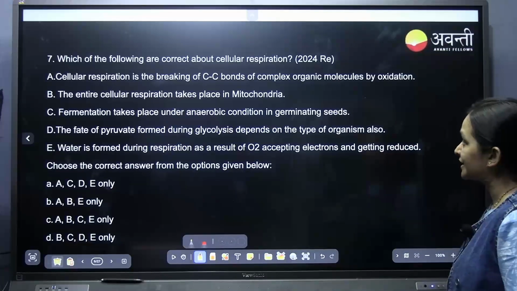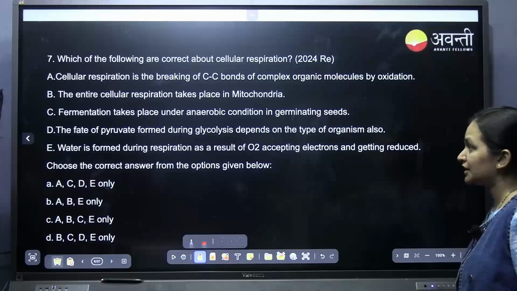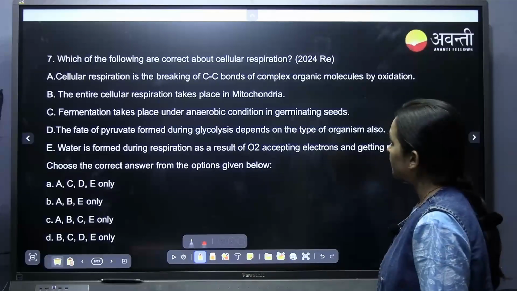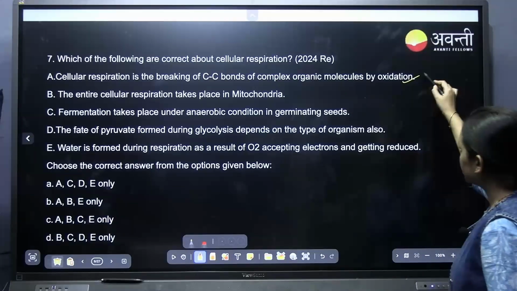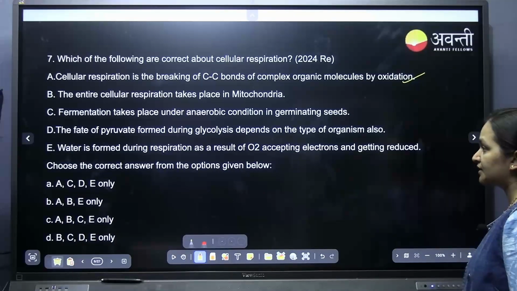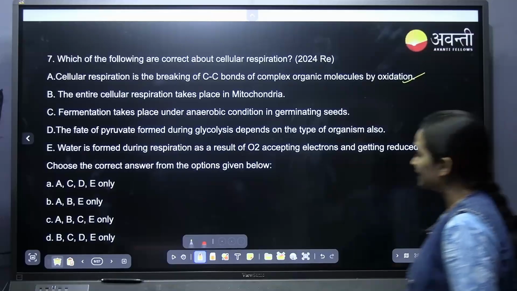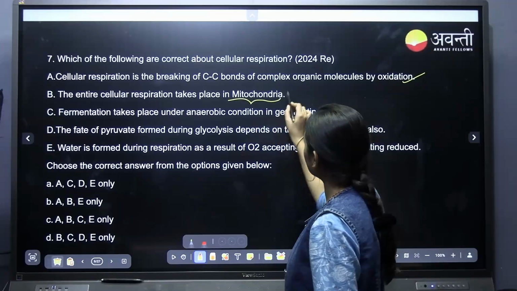Which of the following are correct about cellular respiration? Cellular respiration is the breaking of carbon bonds of complex organic molecules by oxidation. Yes, this is correct. The entire cellular respiration takes place in mitochondria. Is it correct? Is the entire thing taking place in mitochondria?